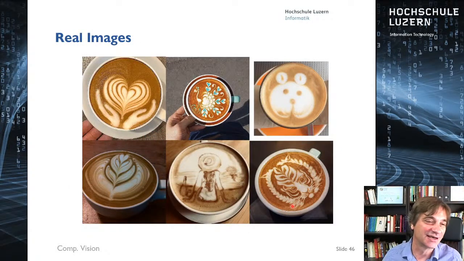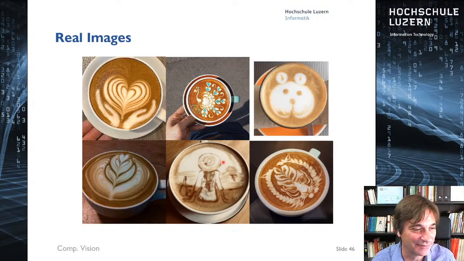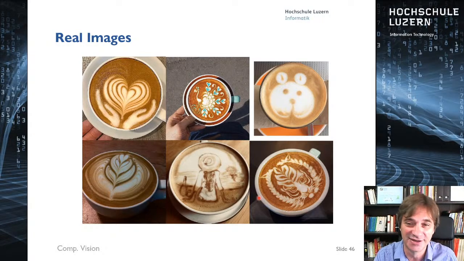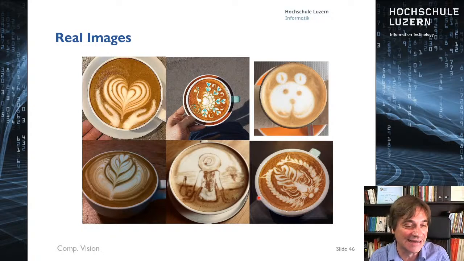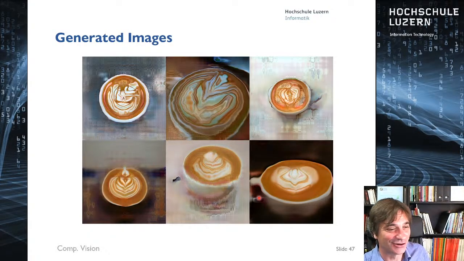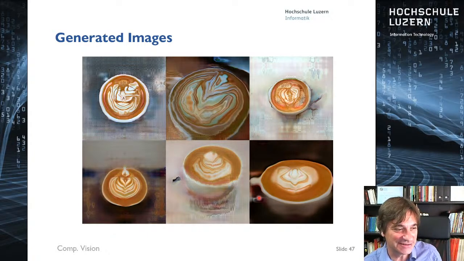So they gave us a lot of images of coffee cups, and the images made on them with milk and coffee. We used that as a training set to train a GAN and then to generate some images. So the result is, I would say, medium convincing.